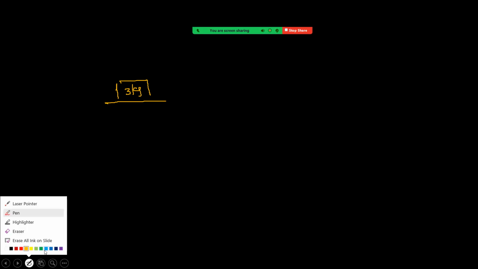Given 3 kg block on a smooth surface and on that placing a 2 kg block, applying a force of, see how much given, applying a force of 10 Newton horizontally on lower block, right?